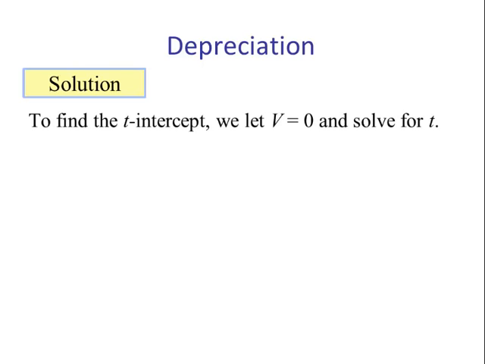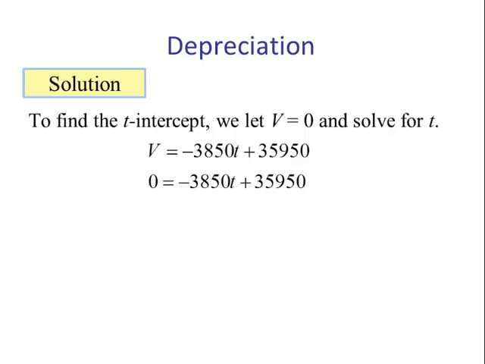Next, we want to find the t-intercept, so we let v be 0 when we solve for t. So our equation is v equals negative 3,850 times t plus 35,950. We let v be 0, solve for t. So our first step is to subtract 35,950 from both sides. This is what we're left with.